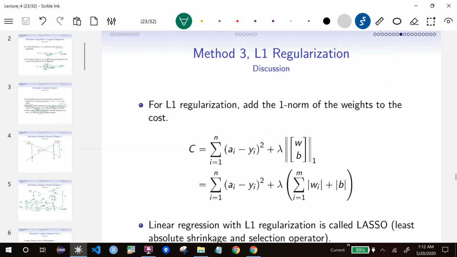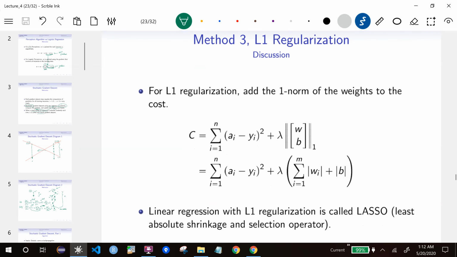Right, so if we look at L1 regularization, we use the one norm. So what I mean by one norm is just the sum of absolute values. So you don't need to worry about this line. We're just saying if we have a larger weight, then it's a larger cost.